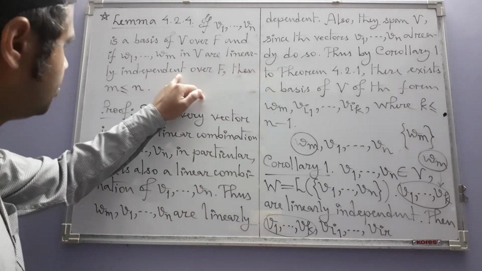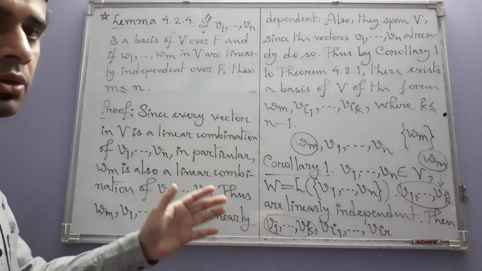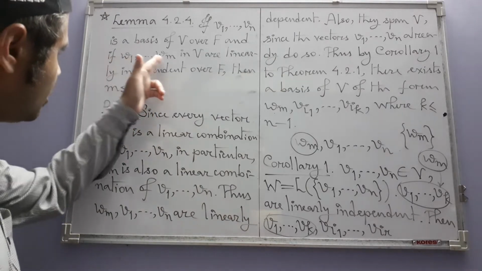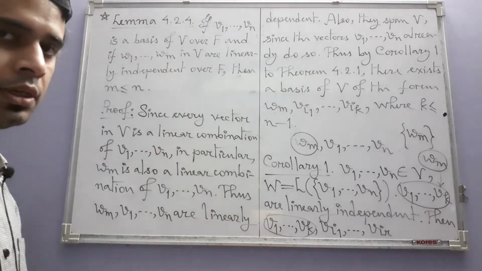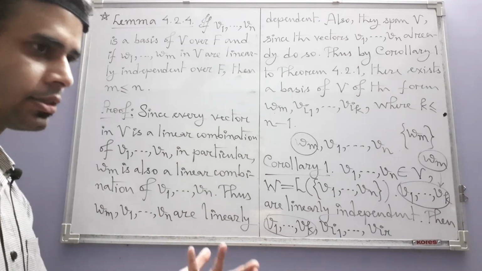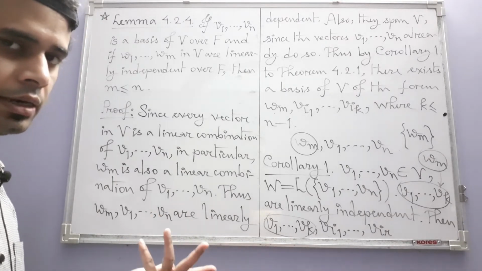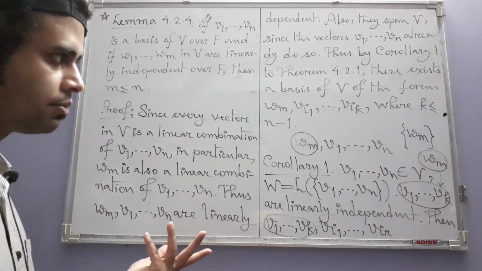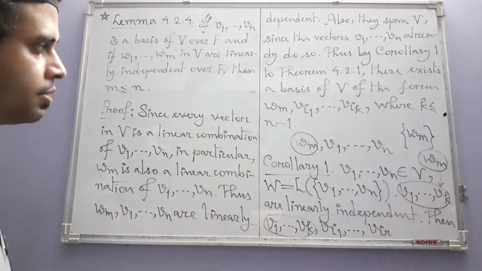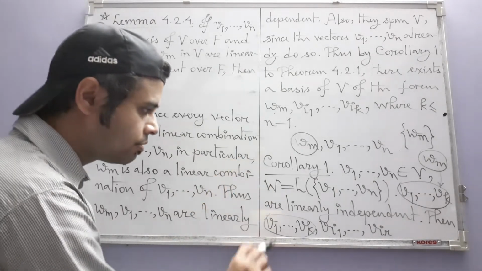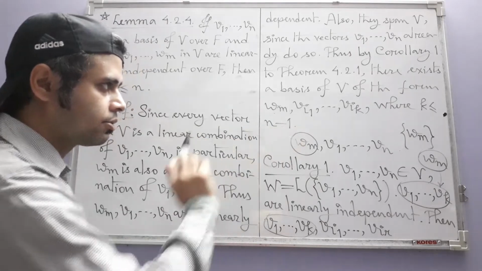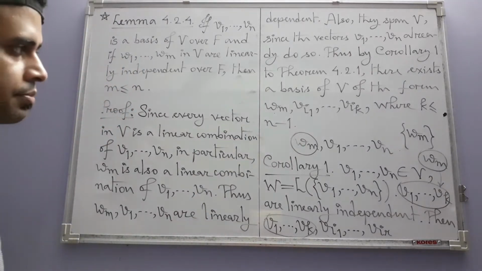That linear independence demands, among other things, that all the w's should be non-zero. If you have the zero vector in a set, the set is linearly dependent. This is also something we have already seen. So that's why we are able to apply this corollary and make a conclusion like this.